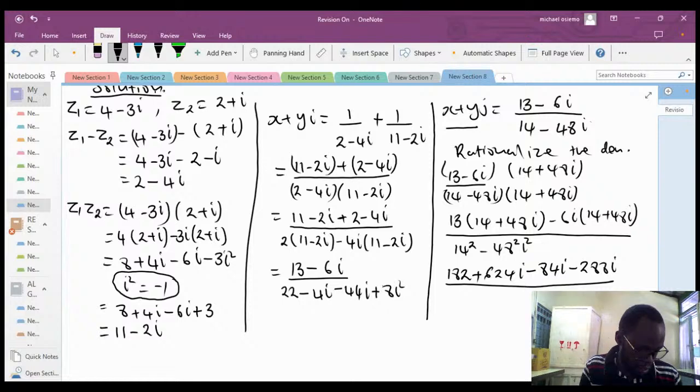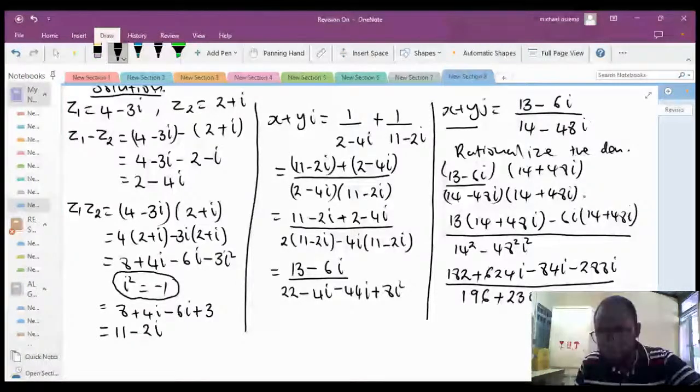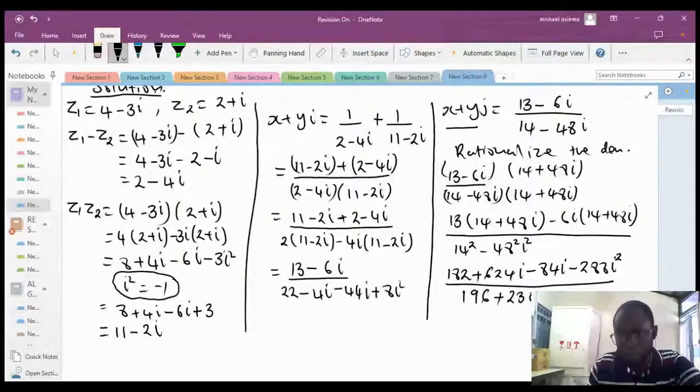14 squared is equal to 196, the negative to be positive, so we shall have plus 40 squared. In this one here, we have i squared because it was negative 6i multiplied by negative 40i, so you're going to have this i squared. So it's going to make this one to be positive.